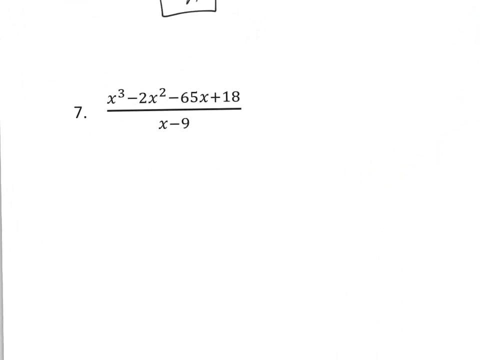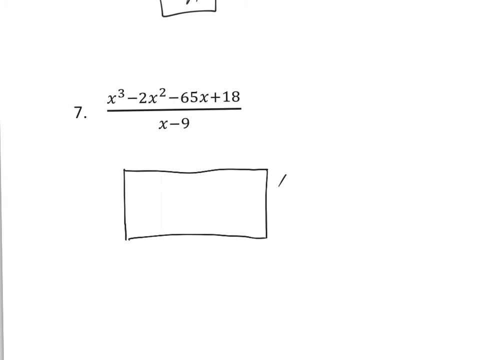Ooh, a division problem, our first division problem. First thing I look for is missing place values. It doesn't look like I have any. We got x to the third, x squared, x, and then no x's, and then same thing with the denominator. I've got to build my boxes, and when I start building my boxes, I think I need a side of 2 at least for that denominator to go.